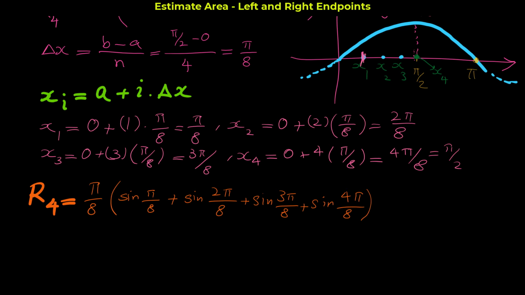Now, if you use a calculator to estimate the expression inside the bracket multiplied by pi over 8, the answer from your calculator should be 1.184. I rounded it to 3 decimals.